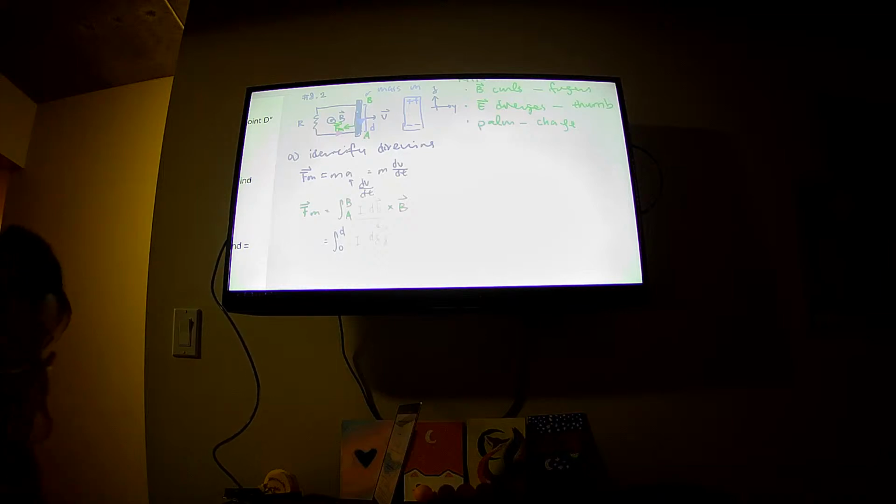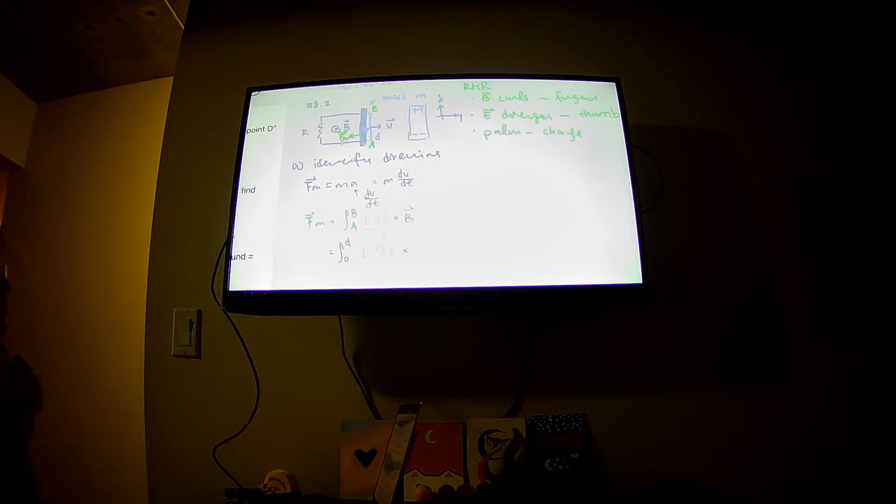Then I have my magnetic field, which is coming out of the page. I'm going to say my x-axis goes that way, so I'm defining that as B in the x direction.